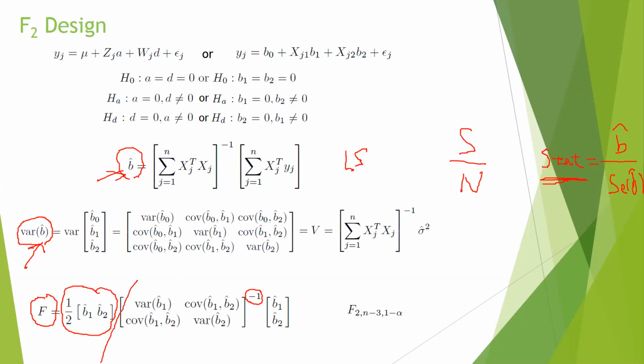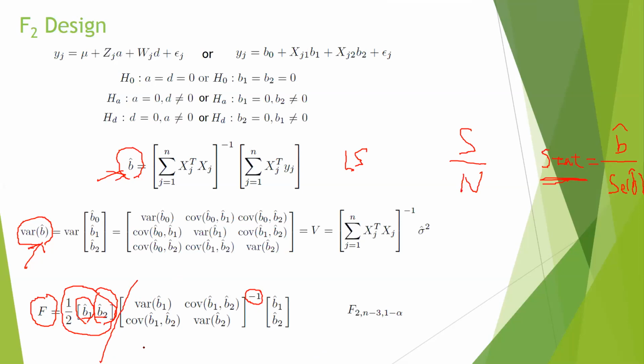So you see the ratio here. Is that clear? This F is a test statistic that we construct to test the estimated gene effect. B1 is the additive effect, and B2 is the dominant effect.